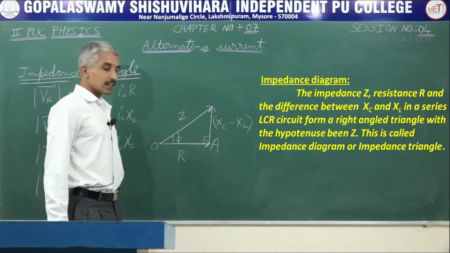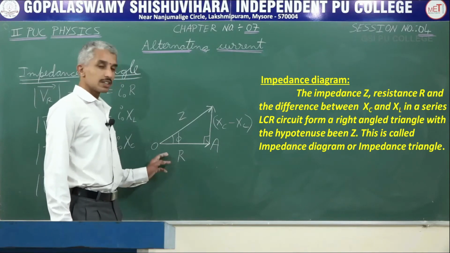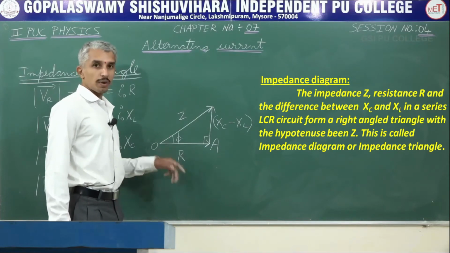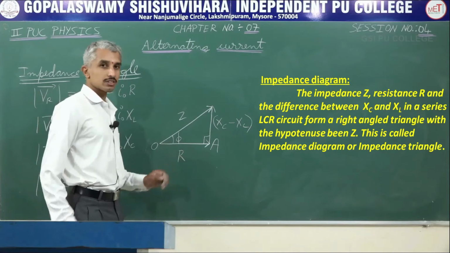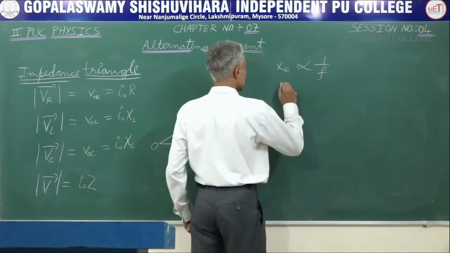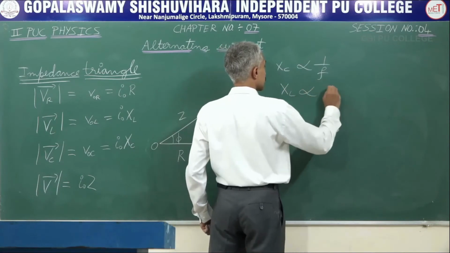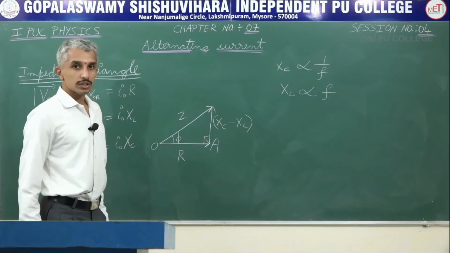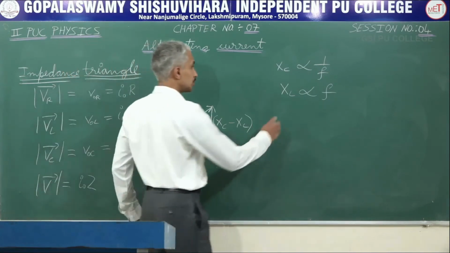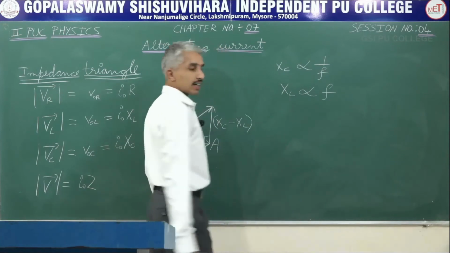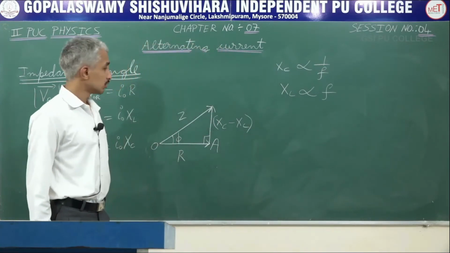Based on the impedance triangle, I can tell whether the LCR circuit is more inductive like or more capacitive like. How? Let us see. We know that XC is inversely proportional to frequency and XL is directly proportional to frequency. So in a series LCR circuit, as you increase the frequency, capacitive reactance decreases and inductive reactance increases.